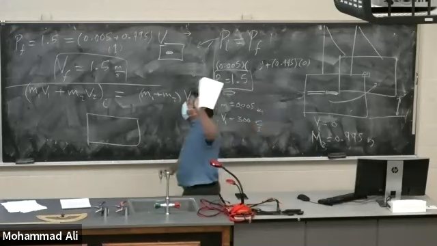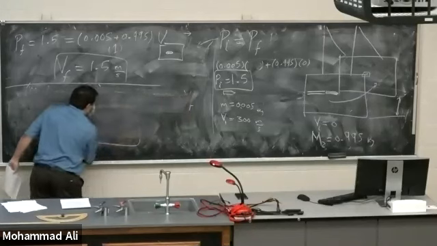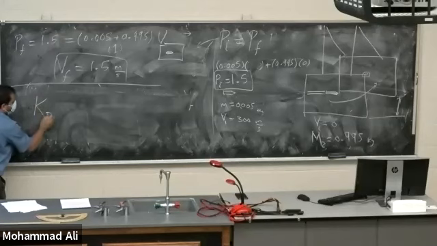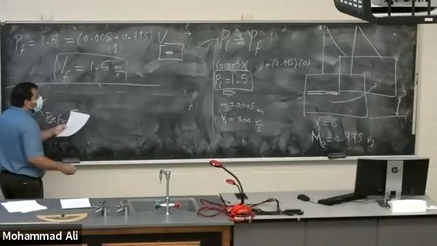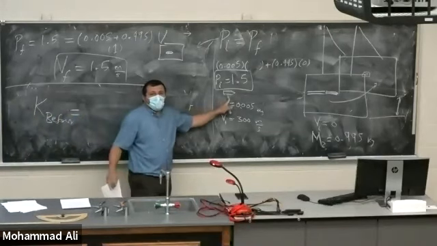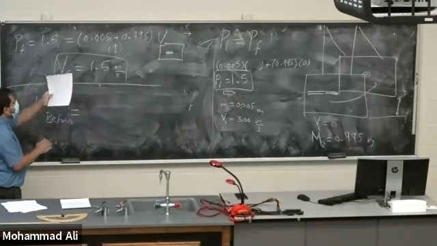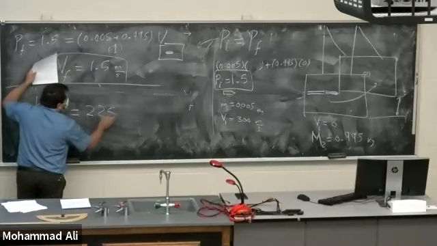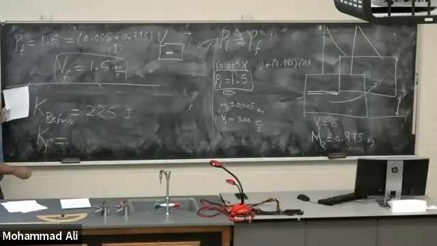I computed also the kinetic energy before and after. Look, kinetic energy before, or initially, is equal to just the kinetic energy due to the bullet, because the box has zero velocity. In the last page, the kinetic energy is 225 joules, and the kinetic energy finally is equal to, wow, just like that.